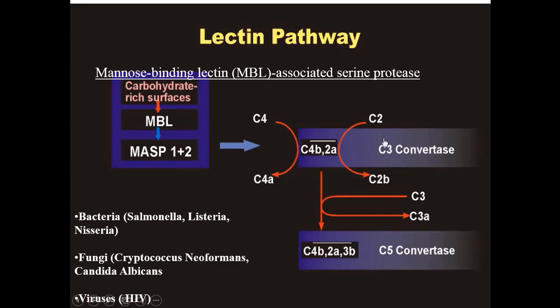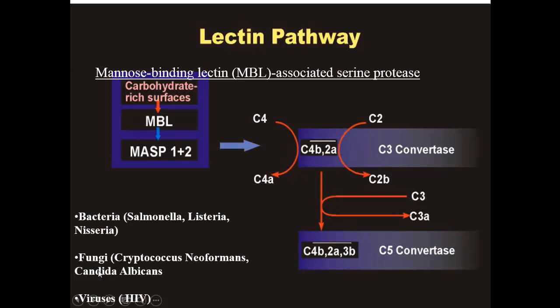This C3 convertase can cleave C3 into C3a and C3b, and after cleavage of C3, the C5 convertase forms. As you see here, C5 convertase is composed of C4b, C2a, and C3b, and this is similar to the C5 convertase of the classical pathway.